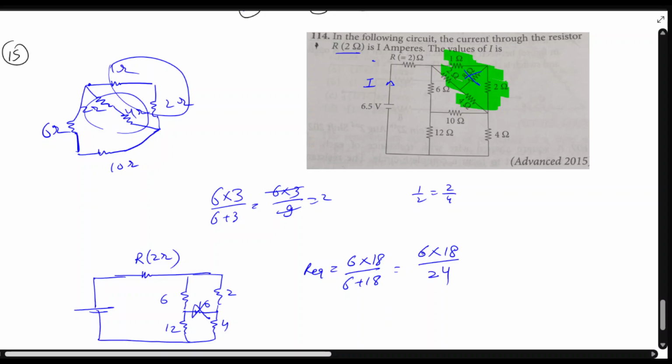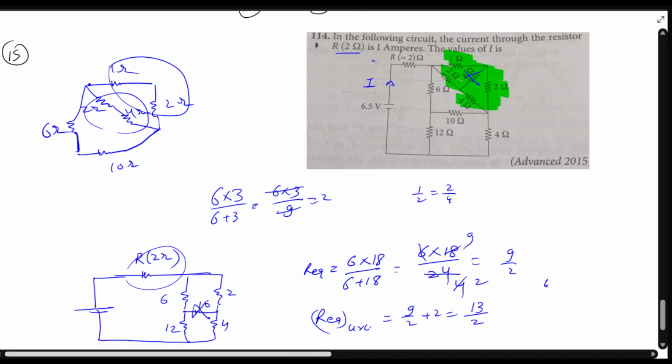Okay, so we can just, this will be 4, right? So we have 9 by 2 as this R equivalent. And now 9 by 2 and this 2 are in series. So R equivalent of this circuit will be 9 by 2 plus 2, so it will be 13 by 2.